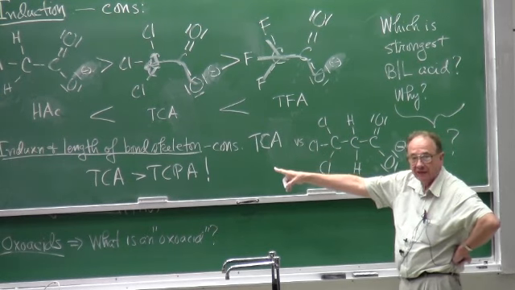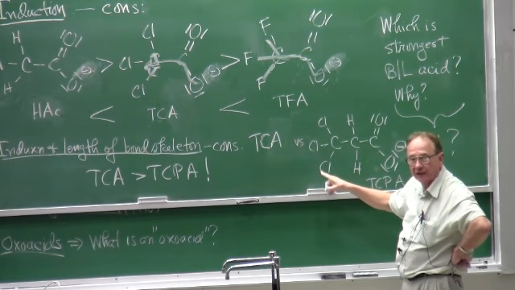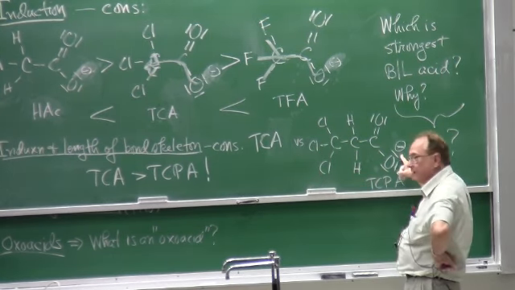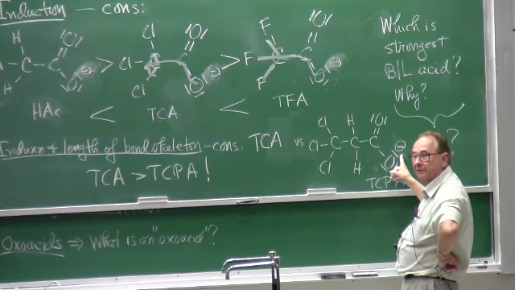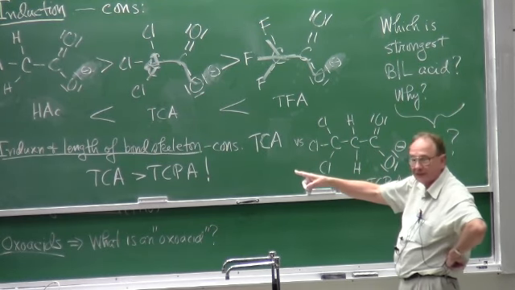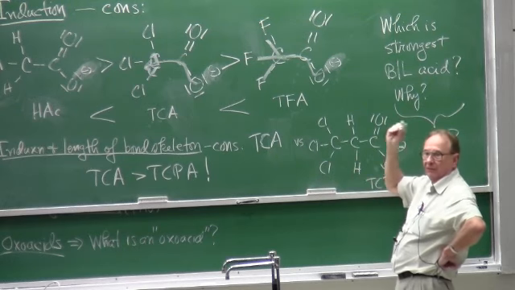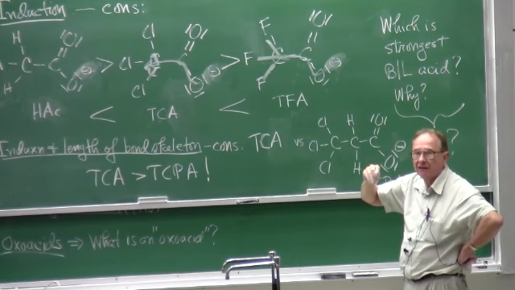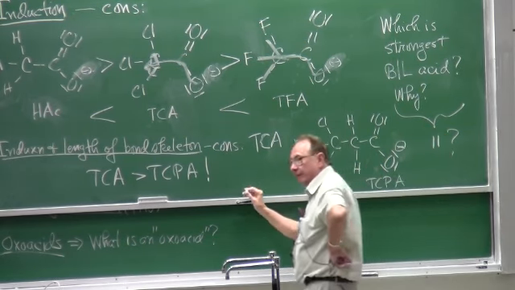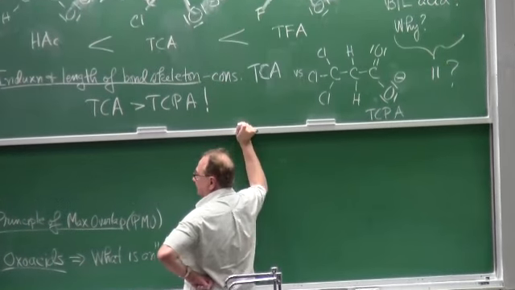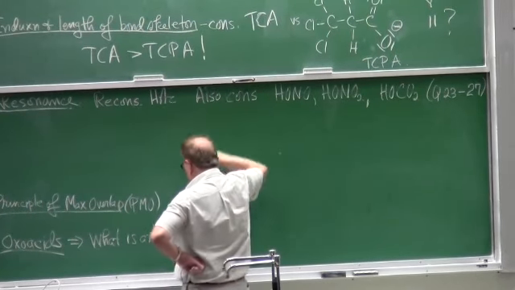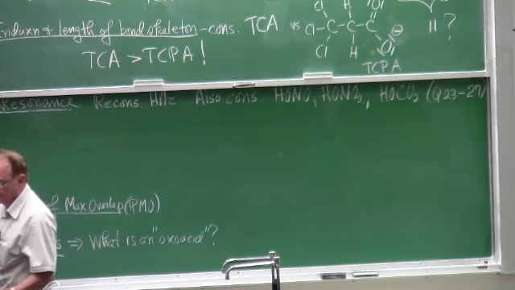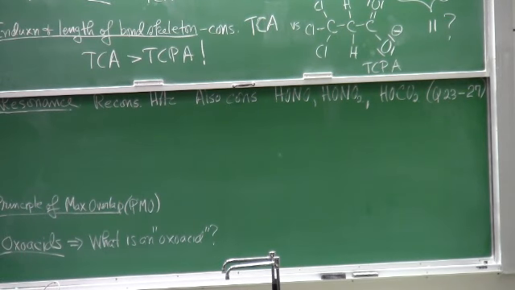So proximity of these highly electronegative atoms to the site of negative charge density is important. You make the covalent bond skeleton too long, induction effects mean nothing or very little. All right.